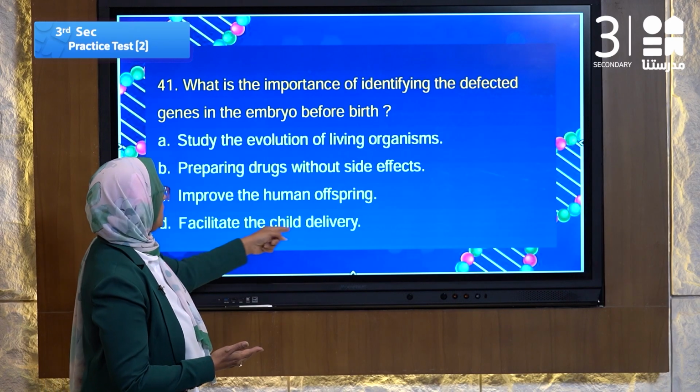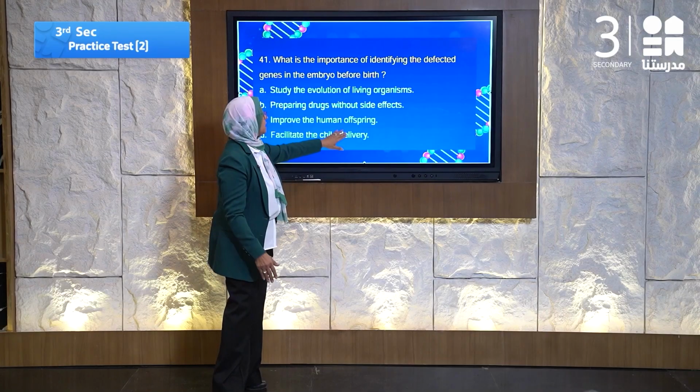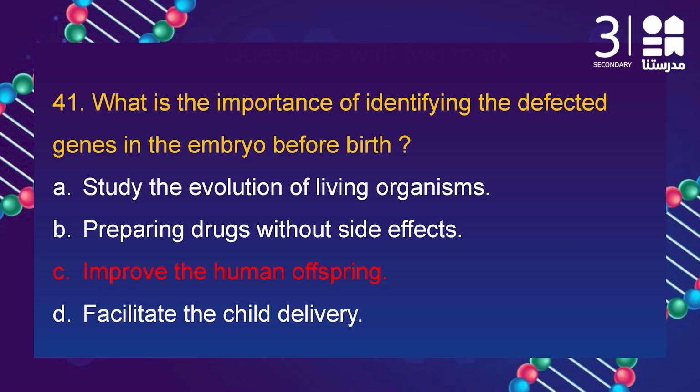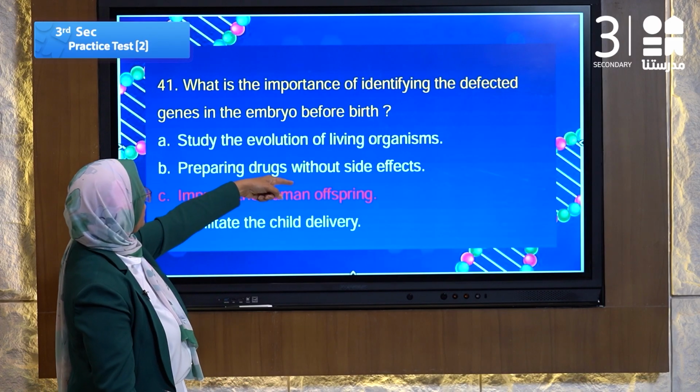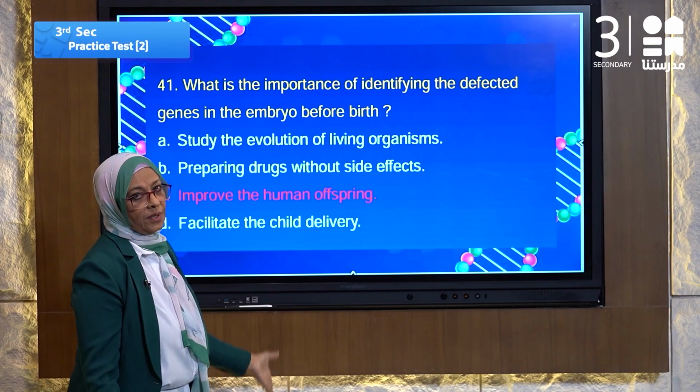D, facilitate the child delivery. It's not connected. The answer is improve the human offspring, by studying the effect of some gene defects and identifying them in the embryo before birth.